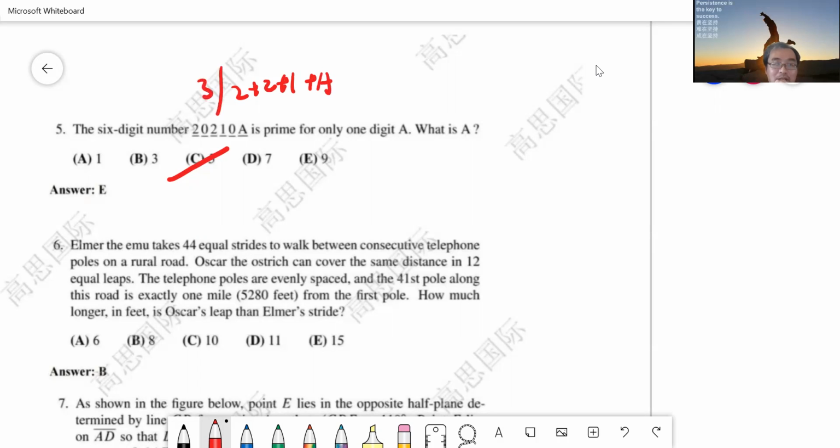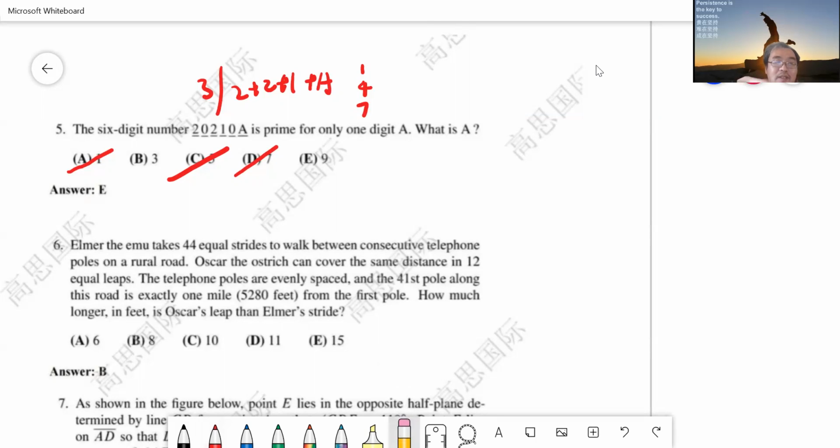That means 3 cannot be divisible by that. So we can find if A equal to 1, A equal to 4, A equal to 7, that could not be the good solution for this one. So then we can cancel. Right. So then we have only 2 numbers left. That's going to be 3 and 9.